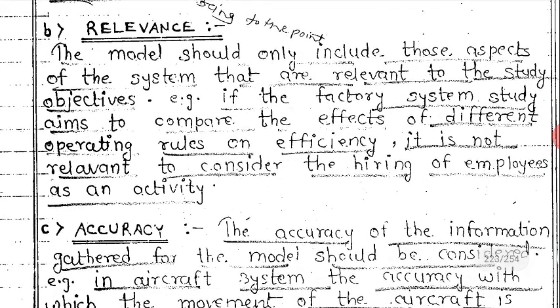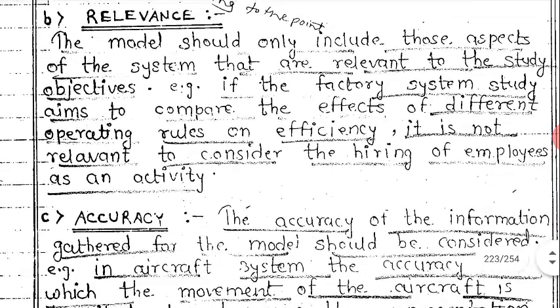The second one is relevance. The model should include those aspects of the system which are relevant to the study objectives. If we set some objectives for building a system, then for whatever purpose we build that model, we will stick with those objectives only.